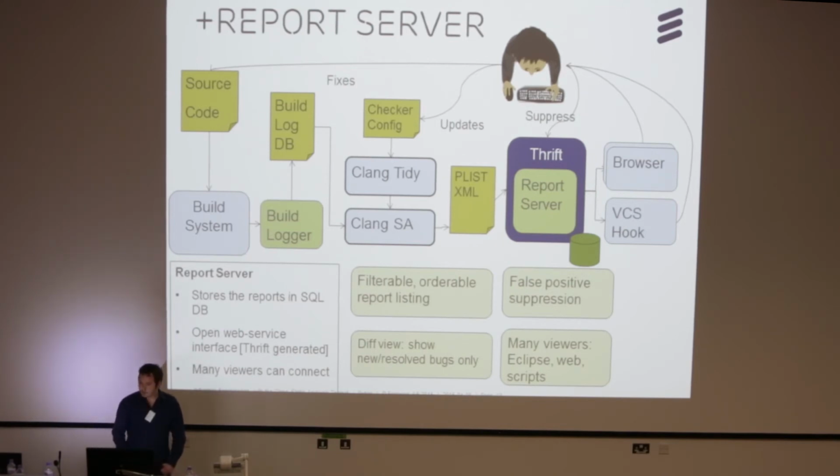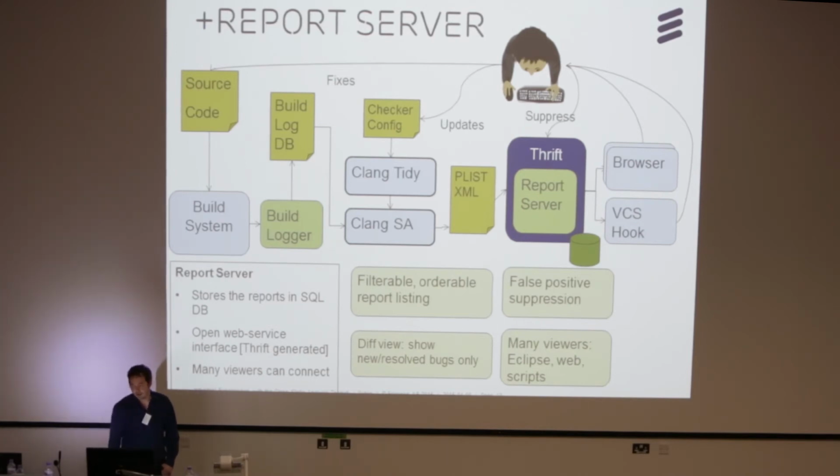And then if you have this thrift interface, it's very easy to write clients that can fetch the reports per run. On this interface, you can imagine functions like create a run, add a report to a run, and so on, or fetch the reports for a run, or filter them.